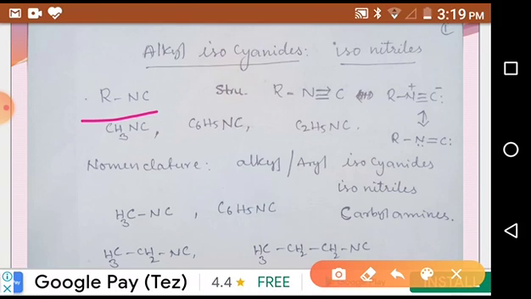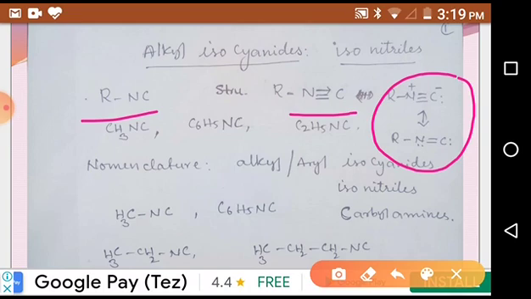The isocyanate functional group is like this: N triple bond C, with a coordinate bond from nitrogen to carbon. These are the resonance structures of isocyanates, where the nitrogen has a plus charge and carbon has a minus charge. That's why this is stable.